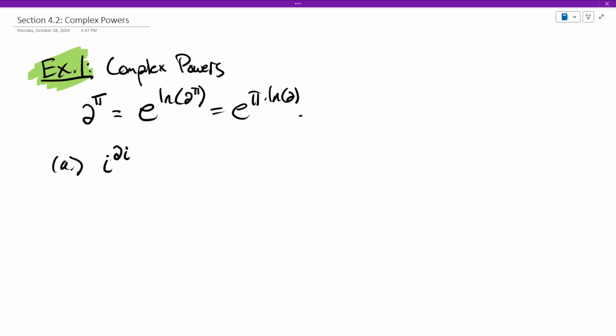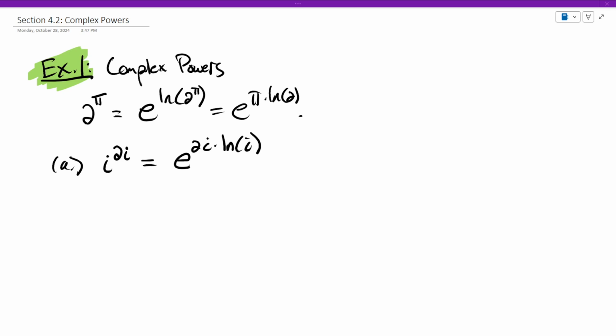So how can we use that to compute this, i to the 2i? Well, we can do a similar thing. We can look at e to the, okay, what happened? The exponent came down when we exponentiated base e, and then we got a log of i here.